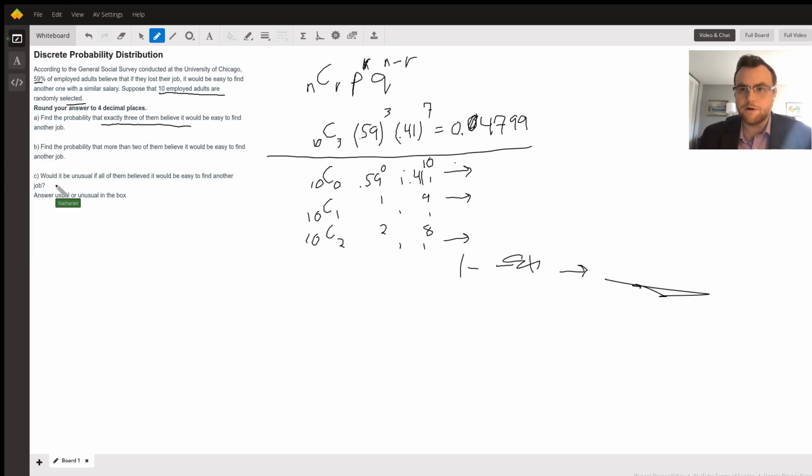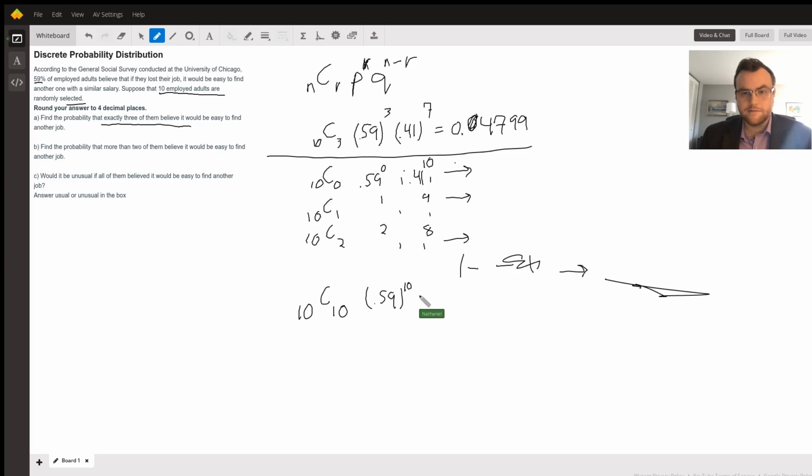So finally, going through the methodology of the third question. Would it be unusual if all of them believed that it would be easy to find another job? In that case, we would do 10 choose 10, and then all of them having the probability of success, so 0.59 to the 10.